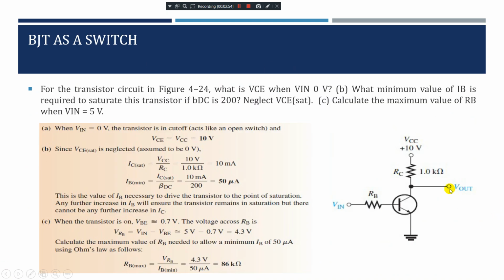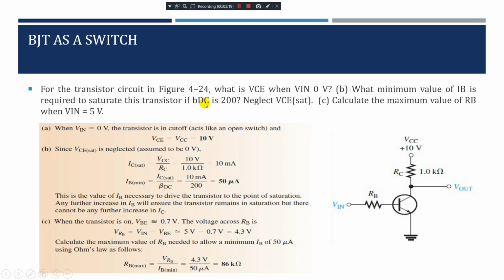Figure 4.24 shows the circuit we have here. It has an input voltage of 0, and we have a problem. What minimum value of IB is required to saturate the transistor, that is, for the transistor to be in the on condition?